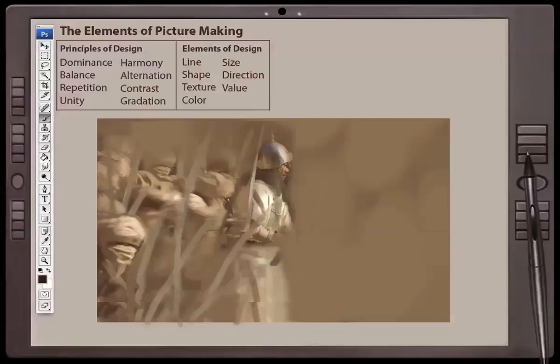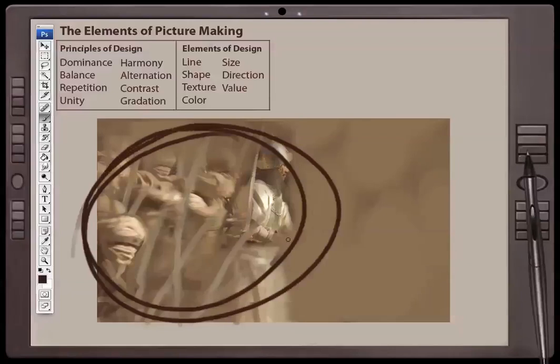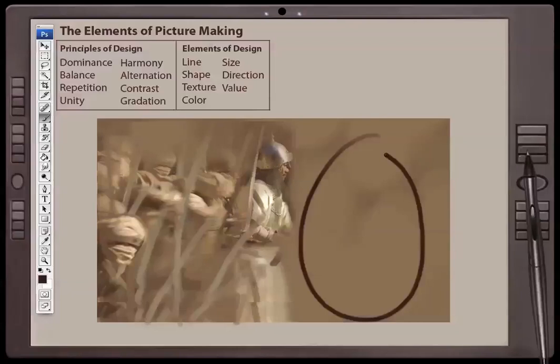So the more something attracts you through contrast, the more visual weight it will have. And that visual weight needs to be balanced by an opposing weight that balances the other weight. Now in this example here, this part has more visual weight than this part here.